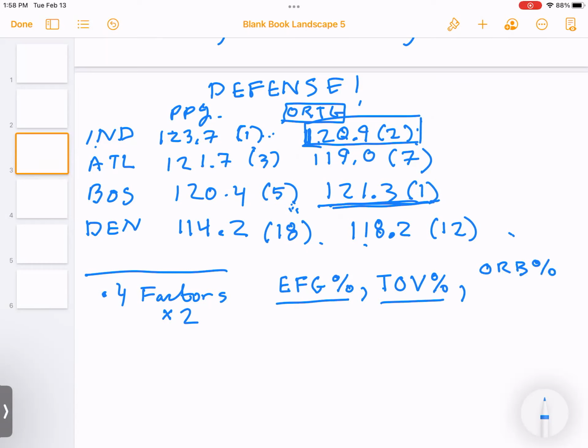And then the last thing is foul shooting, making the shots and going to the line. So they use this one for offense and defense. So there's 8.